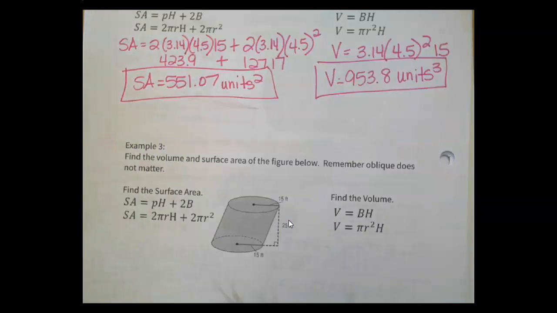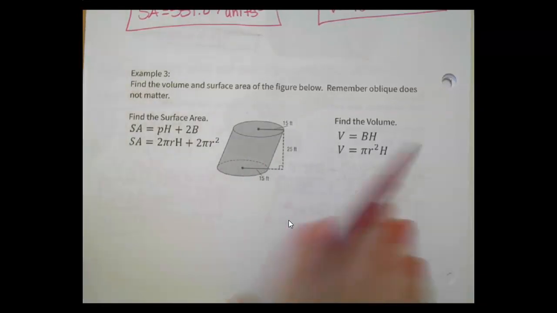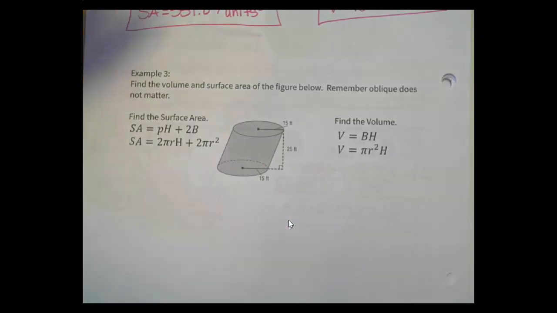Next, sometimes they don't want us to use 3.14. Usually if they tell us to use 3.14, we use 3.14, and if they don't say, we use the pi key. So this time we're going to use the pi key. Now we know from that other page that if it's the leaning whatever, you can still do this.